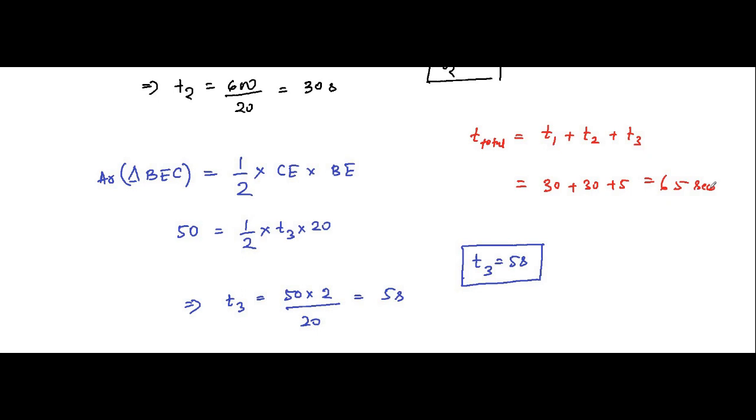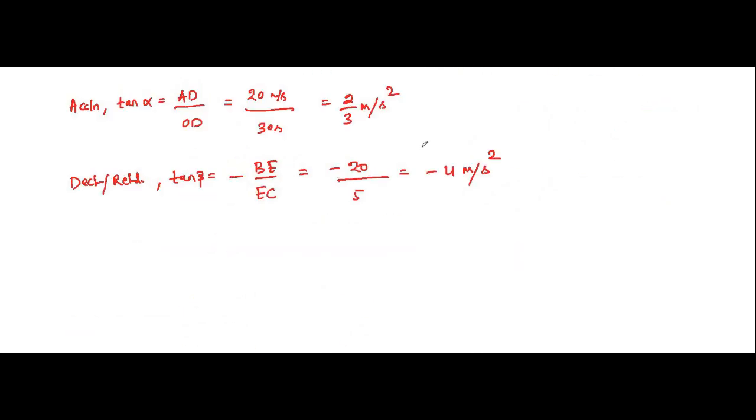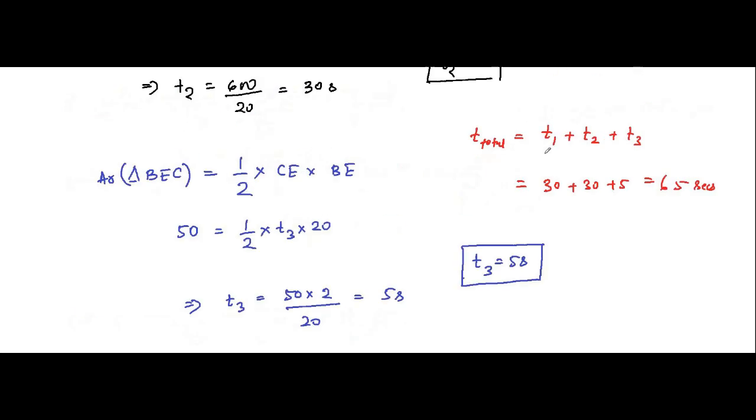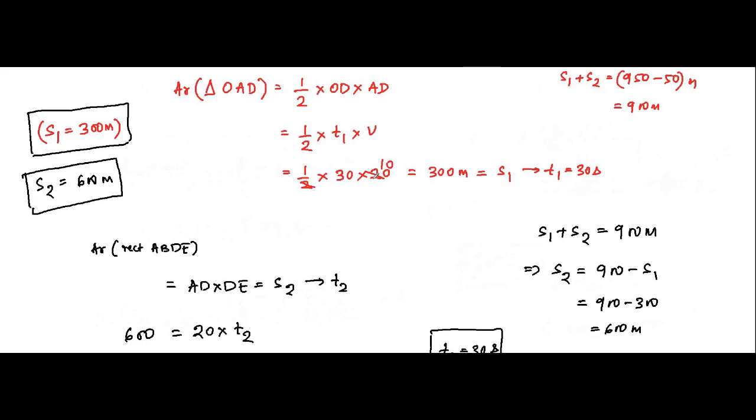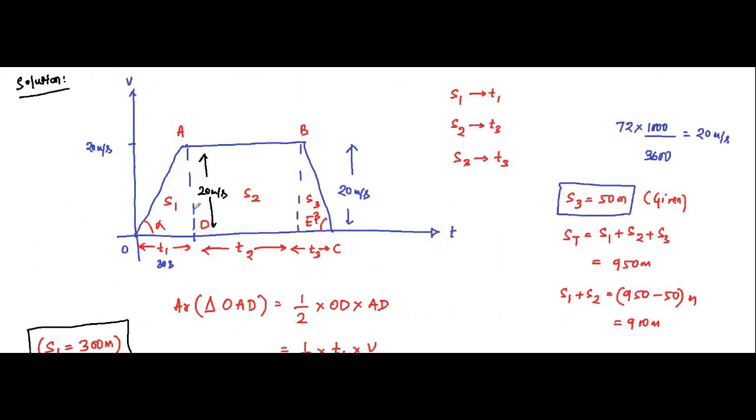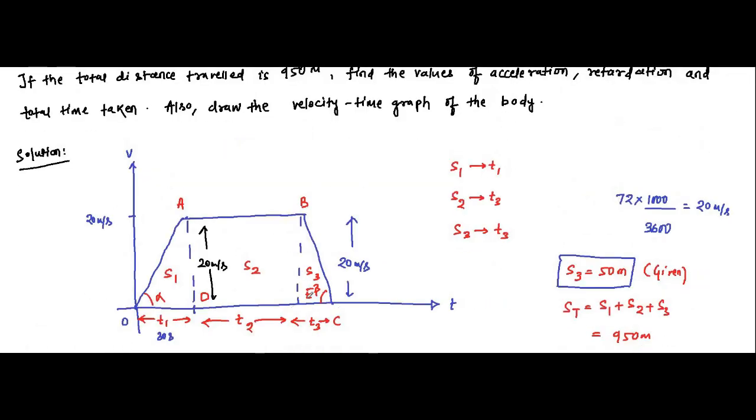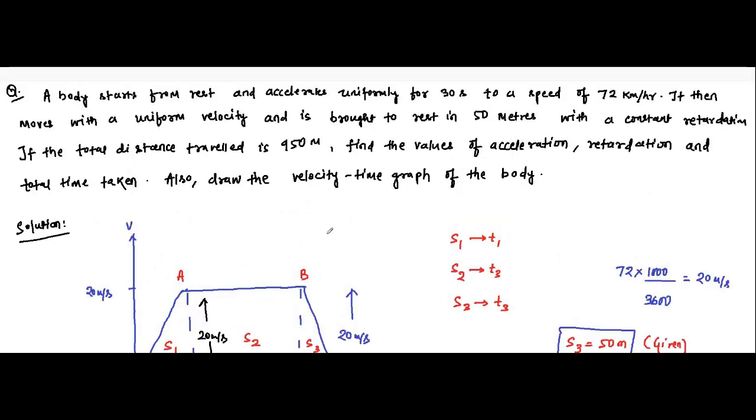It was asked to find the acceleration, retardation and total time taken, so we have done all that. First we determined the acceleration, then the retardation and then the total time taken, and also we drew the velocity time graph for the object.